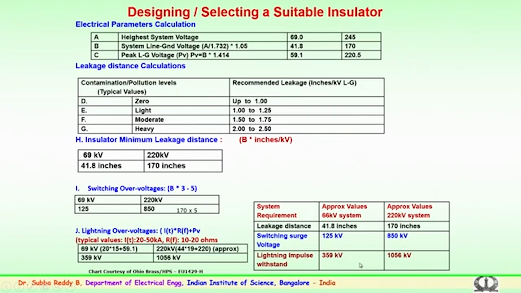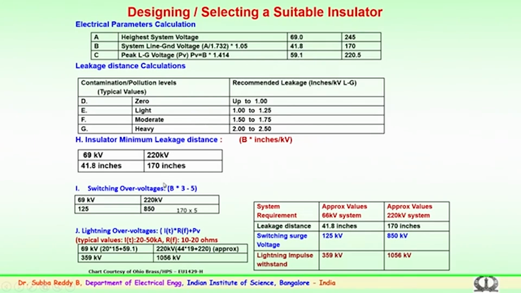Similarly, for 66 kV the table shows that the maximum system voltage will be 69 kV, the line to ground voltage will be around 41.8 and the line to ground voltage into root 2 will be 59.1.